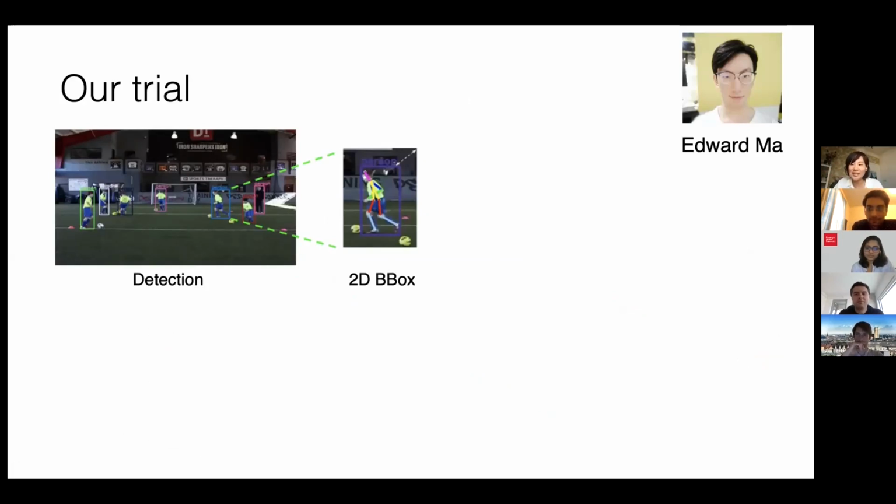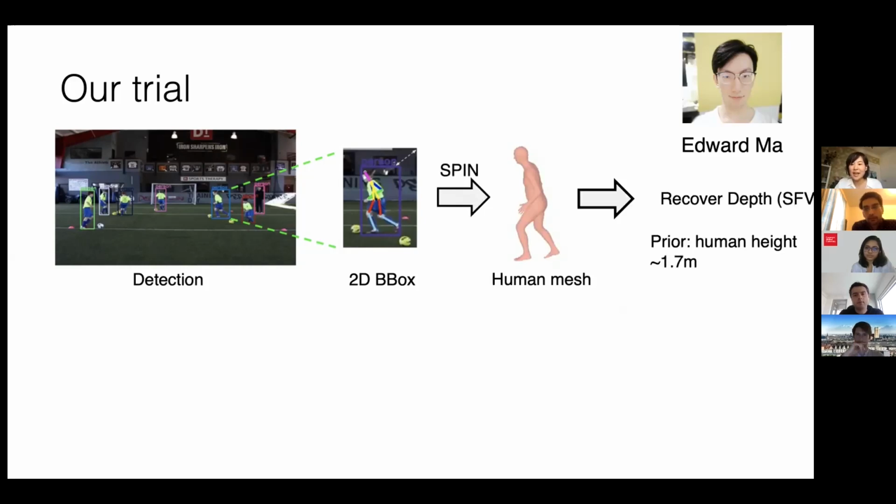The formulation of this idea is that we will use state-of-the-art human mesh recovery methods like SPIN in order to get the humans. I'm skipping some details, but these human mesh recoveries are often in the local coordinate space, so absolute depth is difficult to identify. We actually have a paper at ECCV touching upon this, but you can use the similarity triangle or a simple 3D trick to approximate their depth.